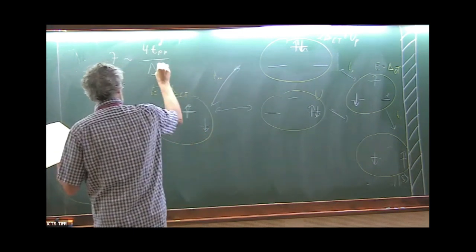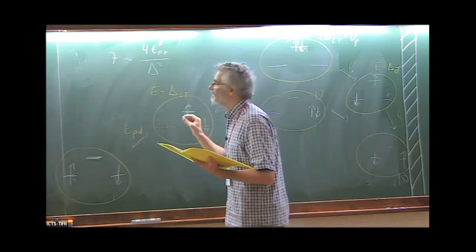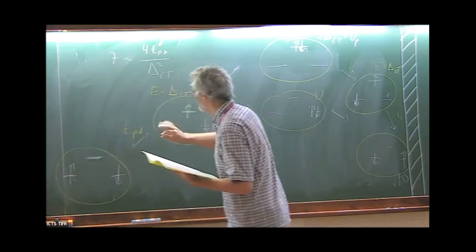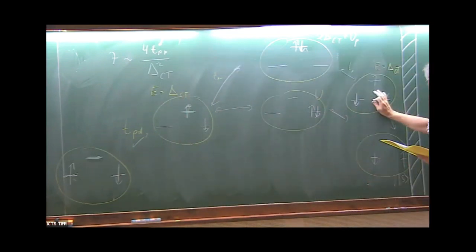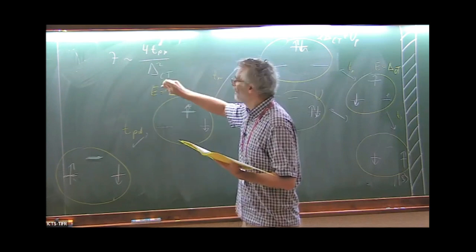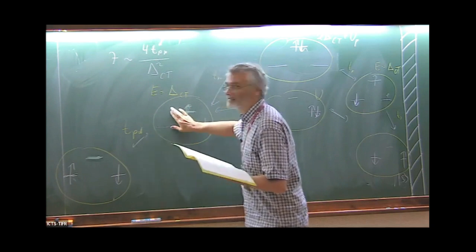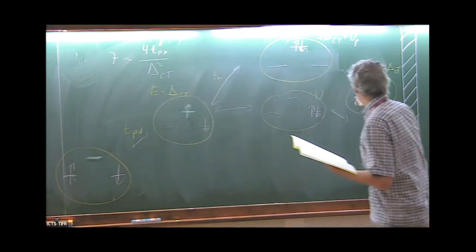And the first intermediate state is the charge transfer gap energy. We have it at the beginning and the end. That's why we have delta charge transfer squared, because one of the t_pd squared over delta corresponds to this state here, and the other corresponds to here.